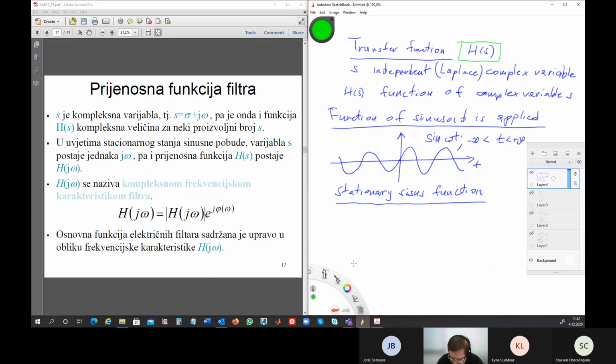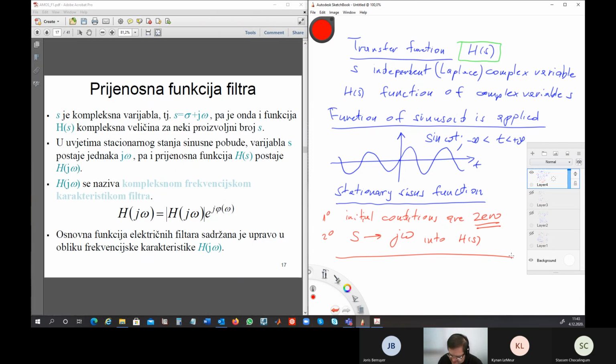And what is also very important to notice, initial conditions are 0. And here, so this is the first and this is the second step, instead of s, we have to put j omega into H of s. So this is important, how we can analyze the transfer function of the filter in the way how it behaves for different frequencies.